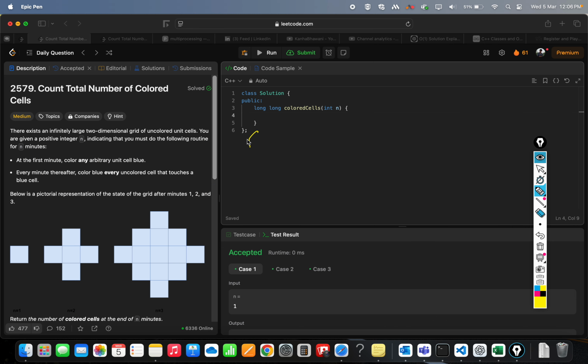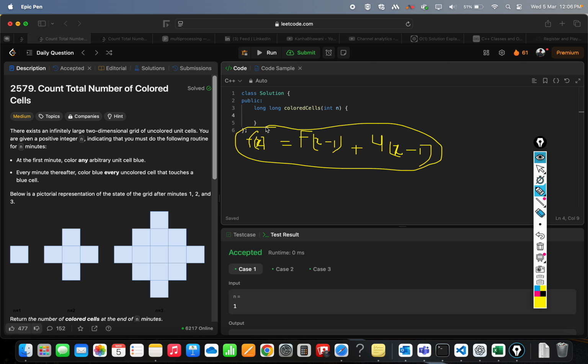So the f(x) is nothing but f(x minus 1) plus 4 times x minus 1. Okay, so as you can see, this is the final formula, and we can solve this problem using this formula.